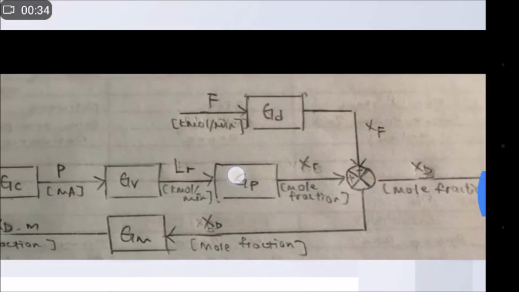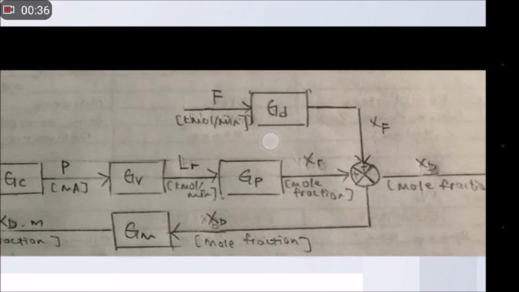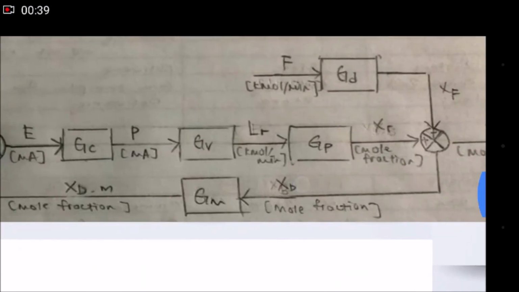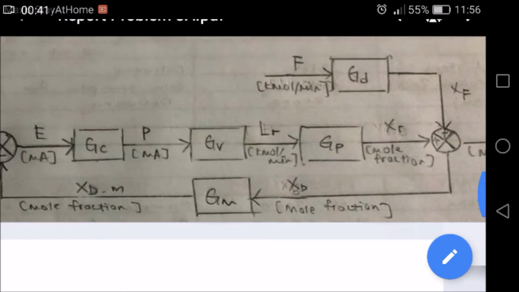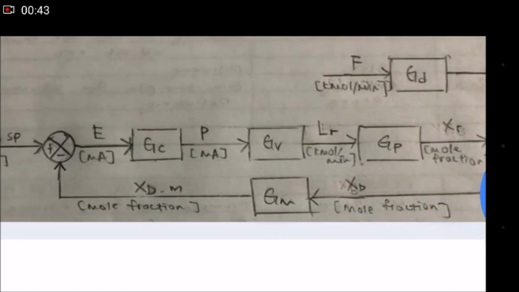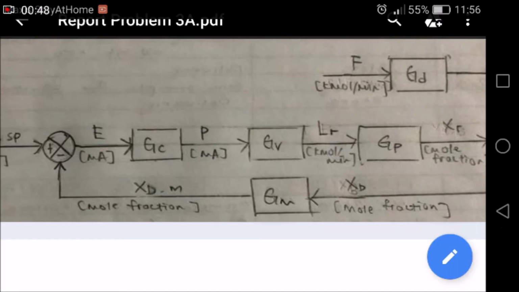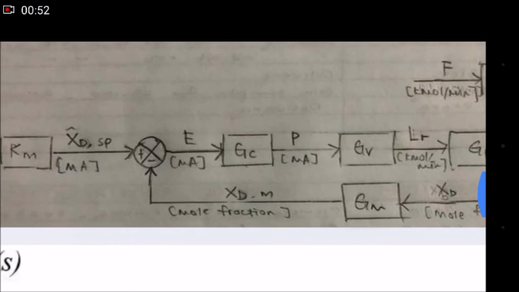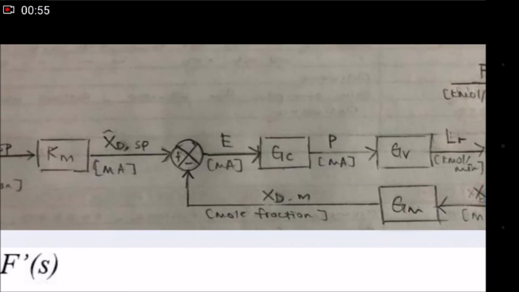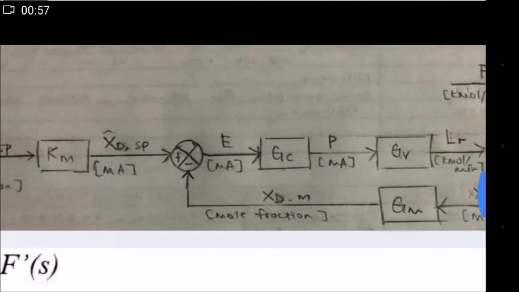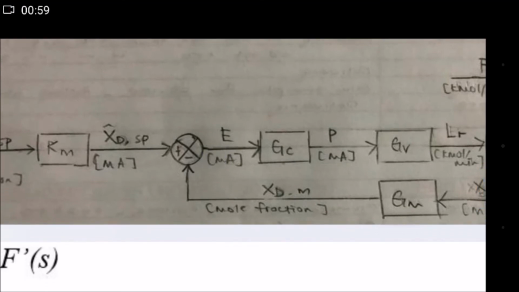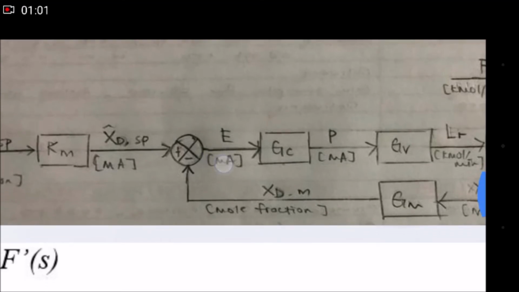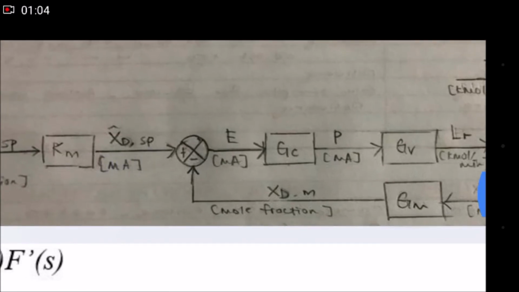Our XF is the disturbance, which is GDF, while XR is equal to GP LR. In our equation, we put R instead of LR. So here LR is equal to GF times P, and for P we know that it is equal to GC times E, while for E, from the block diagram, we know that E is equal to internal XDSP minus XDM.